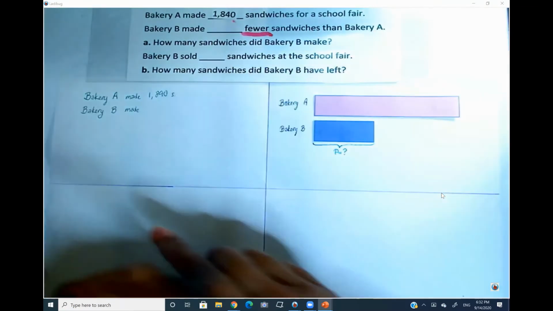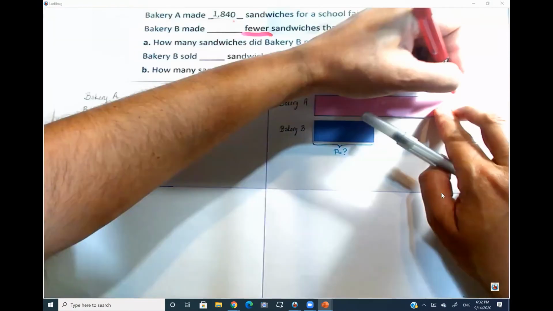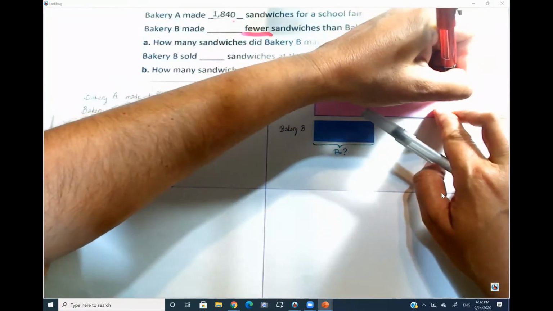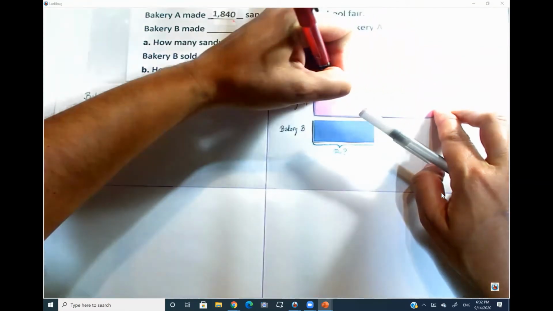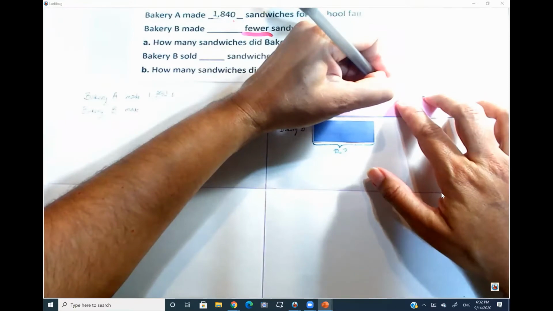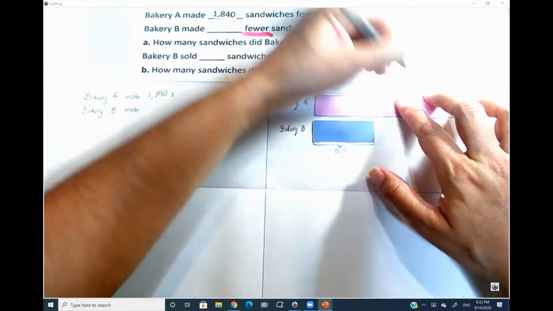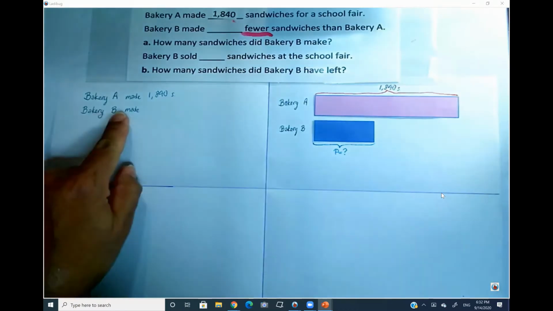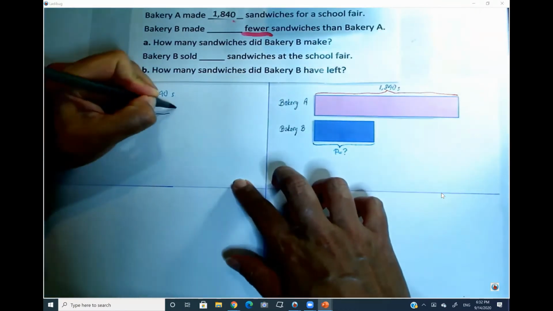And then I can label this bar, because now we know how many Bakery A made. So Bakery A made 1,840 sandwiches. And then now we don't know how many they did.